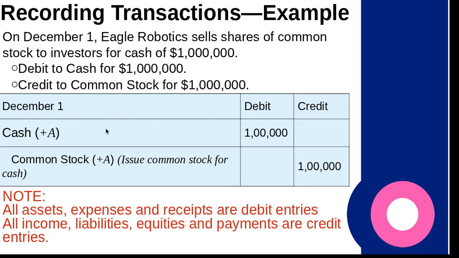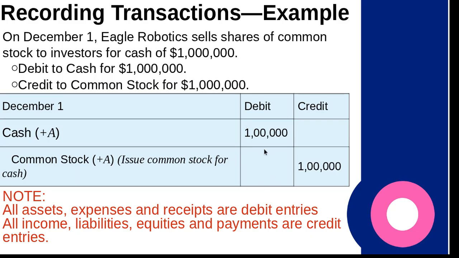So we debit the cash account, which is 100,000 in cash. It means that our cash has increased by $100,000, and this cash that increased is an asset. What do we match it with to make it balance? It is common stock. So common stock will be credited to balance up the debit side of the account.